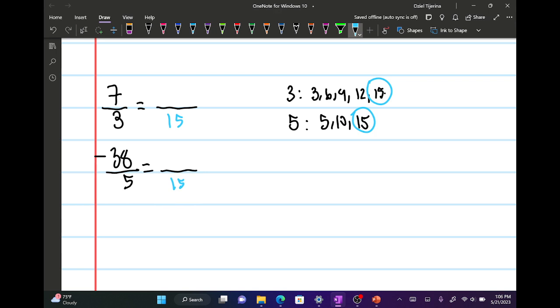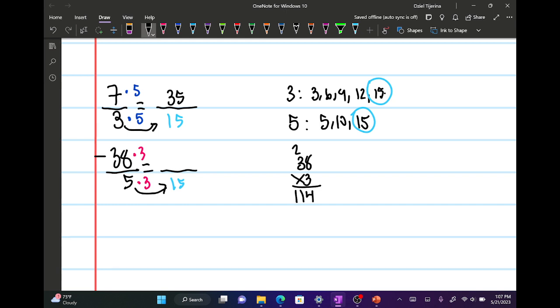To get from 3 to 15, I multiply by 5, and what I do to the bottom, I do to the top, so 35 over 15. Similarly, from 5 to 15 I multiply by 3, top and bottom. So 38 times 3 is 114.